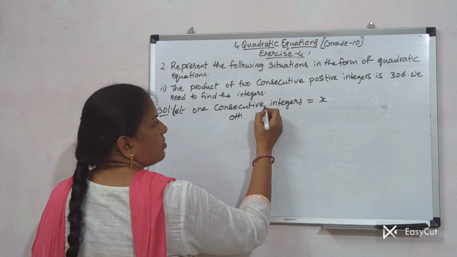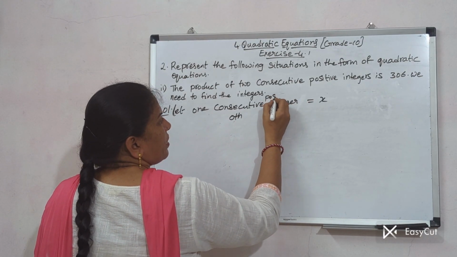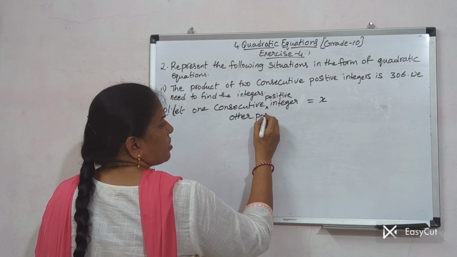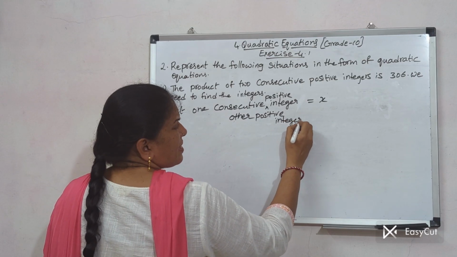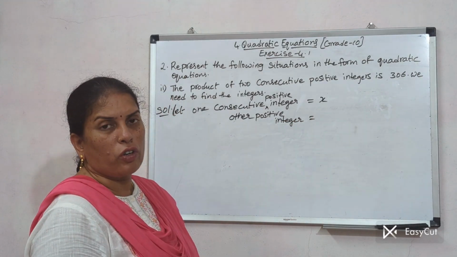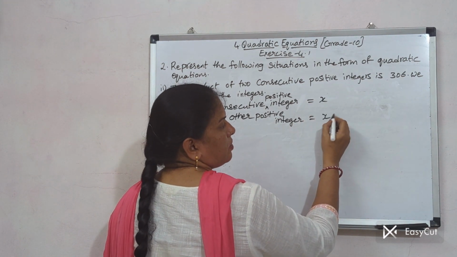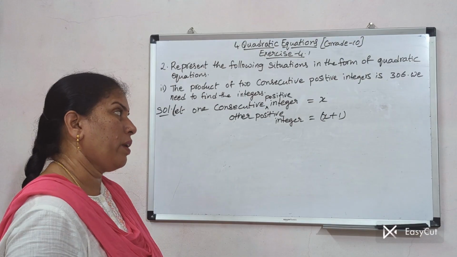The other positive integer is x plus 1. Add 1 to x: x plus 1.